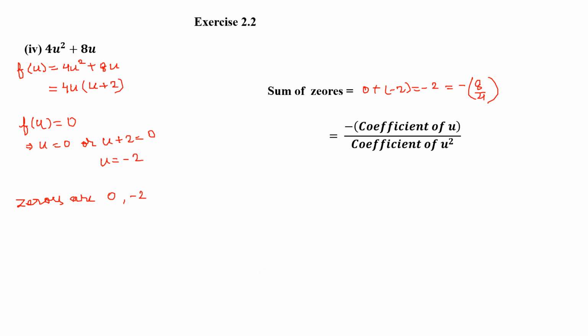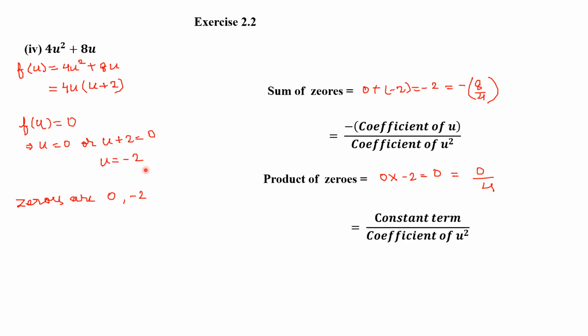Now next, find the product of zeros. So the product of zeros means 0 into minus 2, which will give me 0, and this can be further written as 0 by 4, where 0 is the constant term, because here there is no constant term. So 0 is the constant term and 4 is the coefficient of u square. So it will be equal to constant term by coefficient of u square, isn't it? Now I will move to the next part.